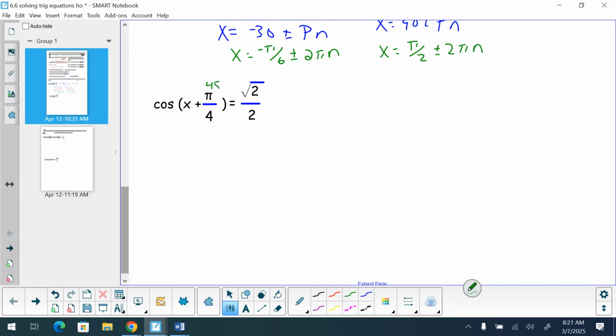How do you get rid of your cosine? Get rid of your cosine from both sides. We have inverse cosine, we have two solutions. We have our Precalc principal value.